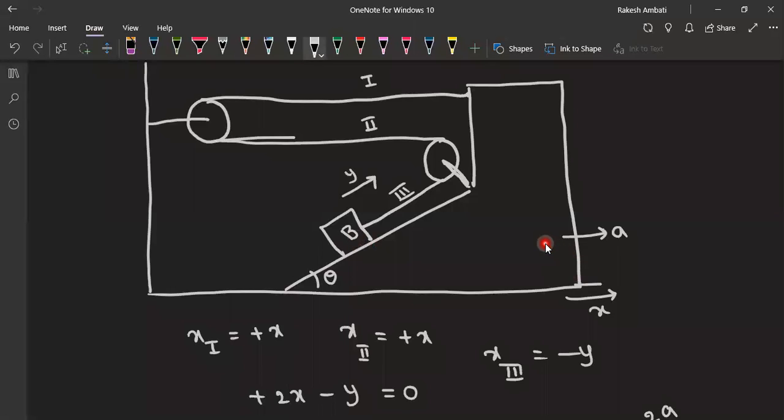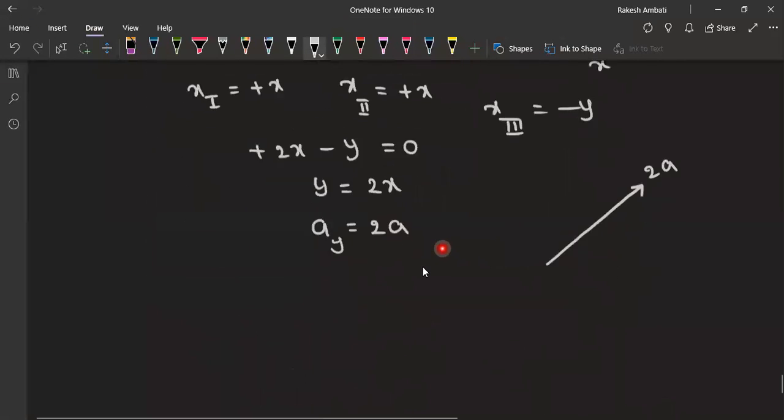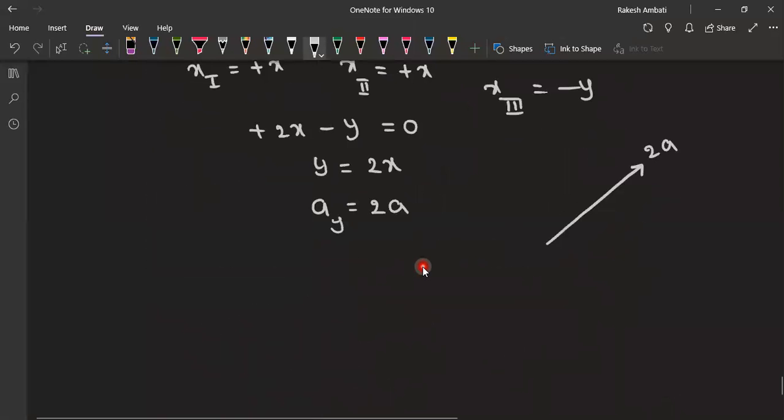If the wedge is moving horizontally rightwards, the block also has a horizontal acceleration because they are in contact. So because of contact, the block also has one more acceleration a.